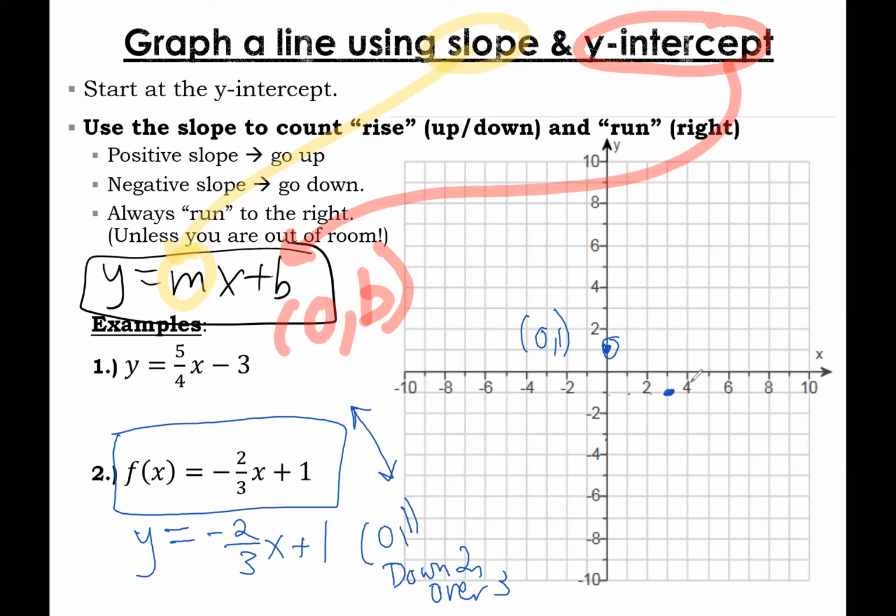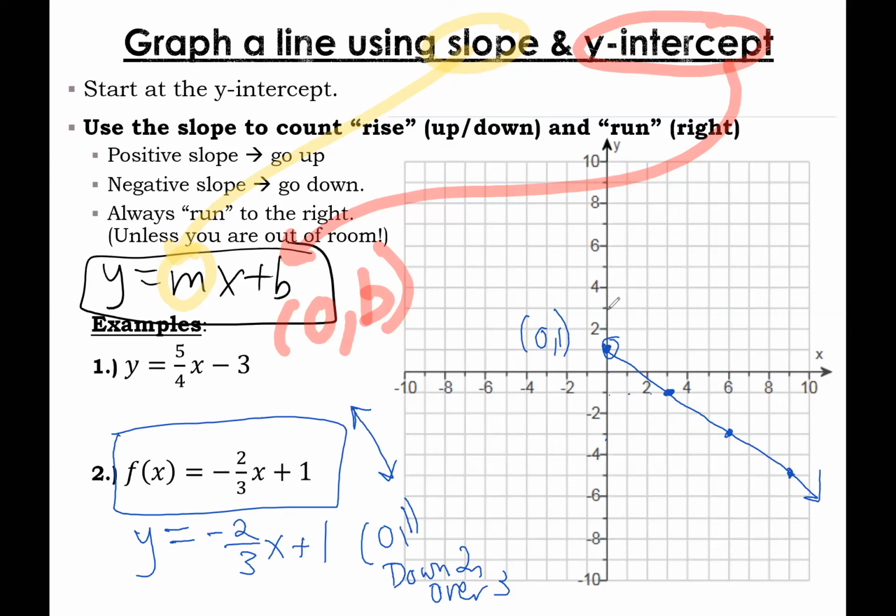I'm going to do it again because I have room. Down 2, over 3. Down 2, over 3. There we go. So this is my line. You can see it's going down, has that negative slope. Look at all this empty space to the left though. Let's try to fill that in. Just like last time, we'll reverse the process. Instead of going down 2 and making a triangle, not doing that, we will go up 2, but let's just go to the left 3.